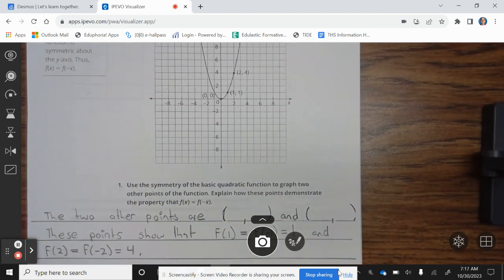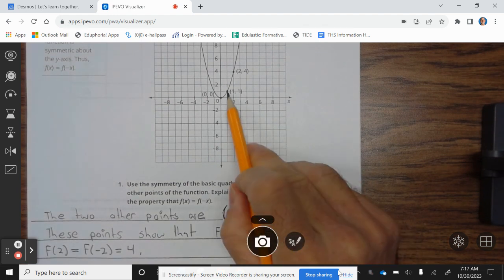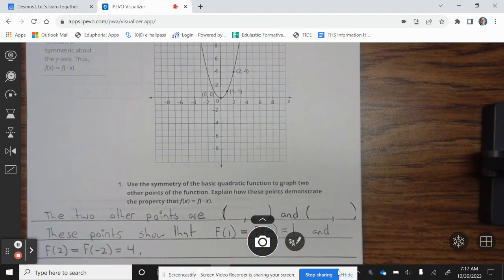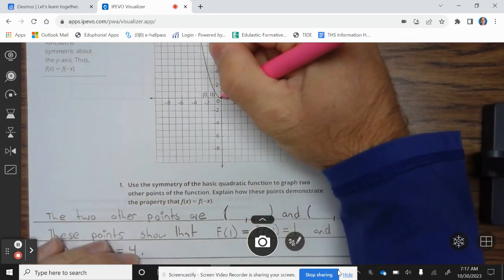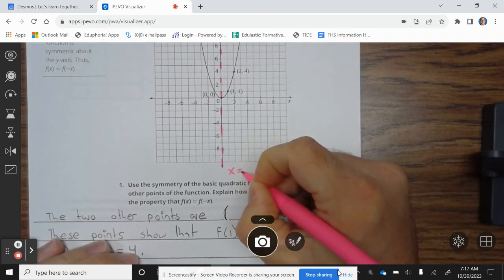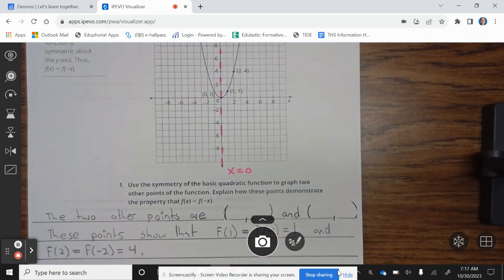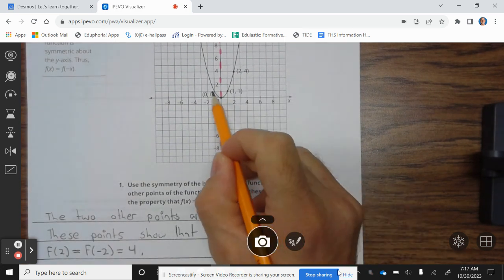Okay. So if this is 1, 1, they're symmetric across this line. So if this point's 1, 1, this point would be negative 1, 1.